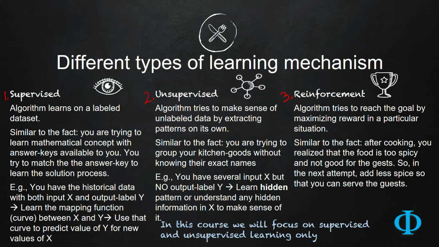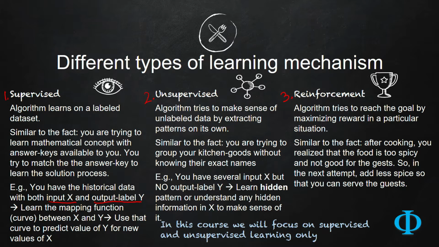And you keep on doing this until your solution process matches the answer key. That's exactly what happens in the machine learning situation also. In machine learning, let's say you have some historical data with both input label X and the output label Y available with you.